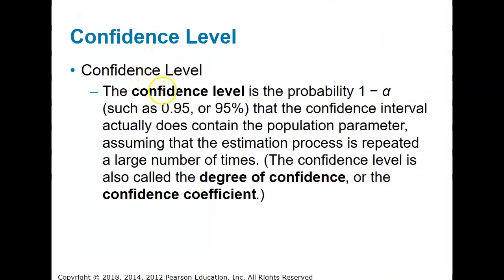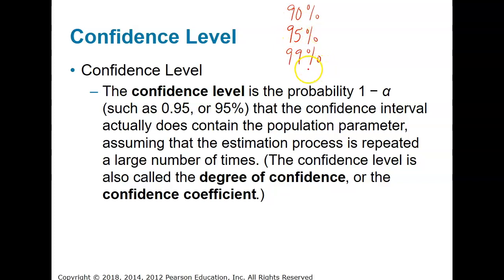Okay, so a confidence level is going to be the probability of 1 minus alpha. Your common ones are 90%, 95%, and 99%. Sometimes if you're talking about some type of social issue and people's opinions, 90 and 95% are good enough.